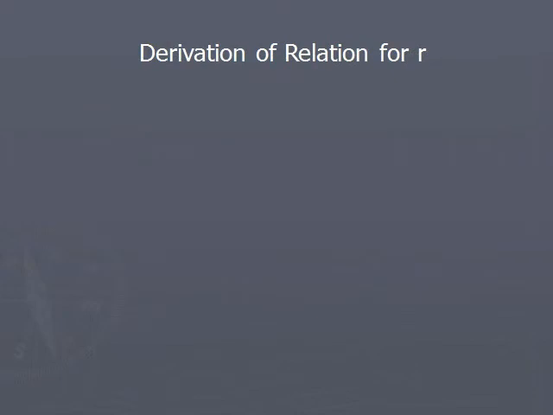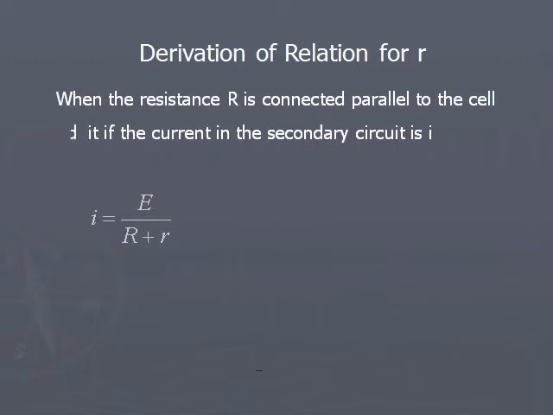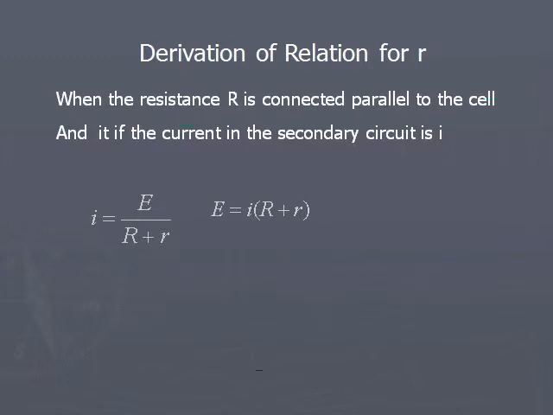When the resistance R is connected in parallel with the cell, then the current in the secondary circuit I is equal to E by (R plus r). Now this is the current through the external resistance capital R connected parallel to the cell. Therefore, E becomes equal to I into (R plus r) and V becomes equal to IR.